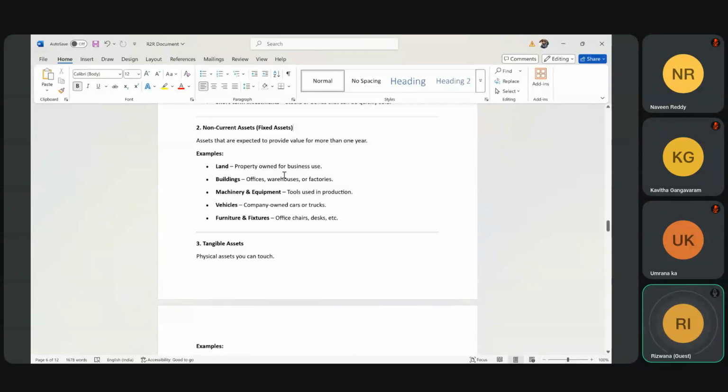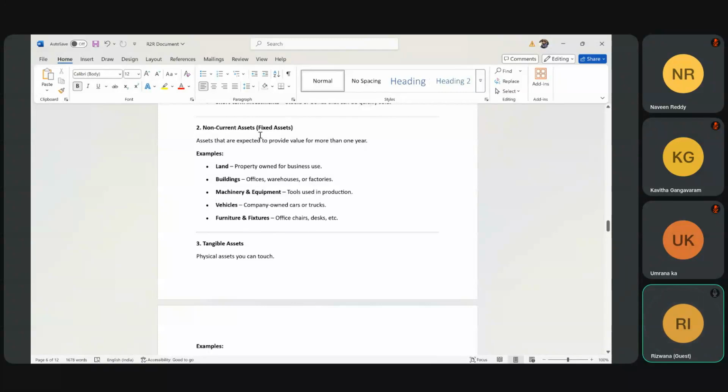Property owned for business use: buildings, offices, warehouses and factories. Machinery and equipment, tools which are used in production and repeatedly used in the business. Vehicles, company owned trucks or cars. Furniture and fixtures like office chairs, desks, etc. These are fixed assets, also called non-current assets.